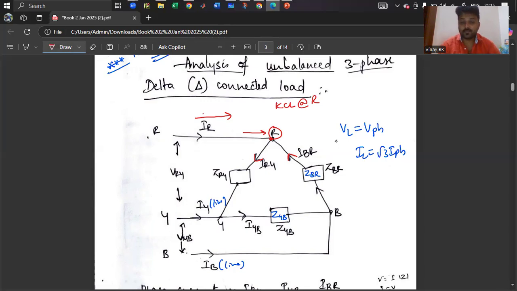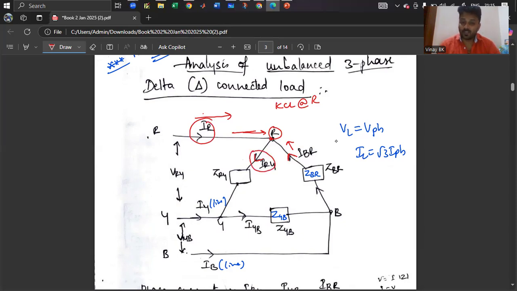What does KCL say? The algebraic sum of currents leaving the junction is the same as the currents flowing towards the junction. So which currents are flowing towards the junction? IR is flowing towards the junction R. IBR is flowing towards the junction R. But IRY is leaving the junction.